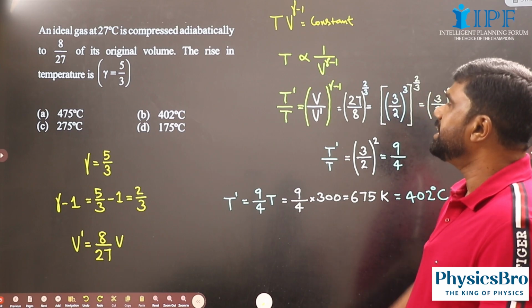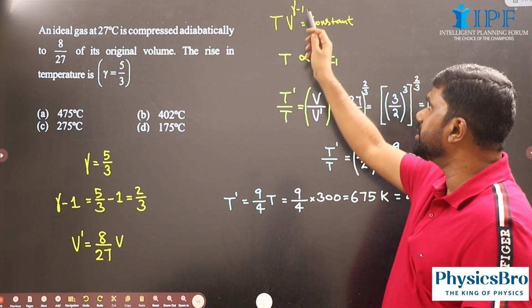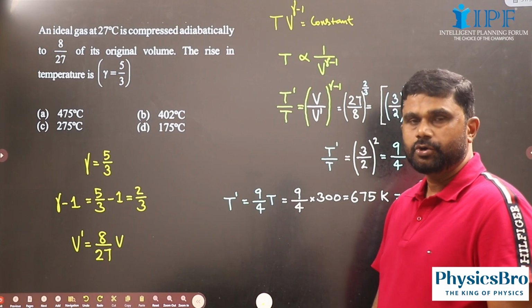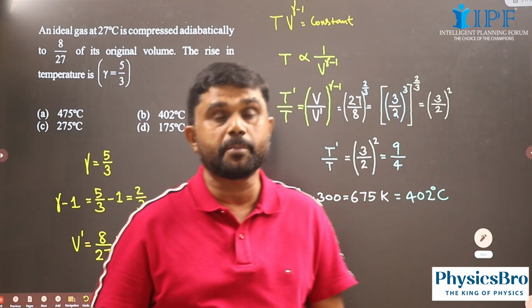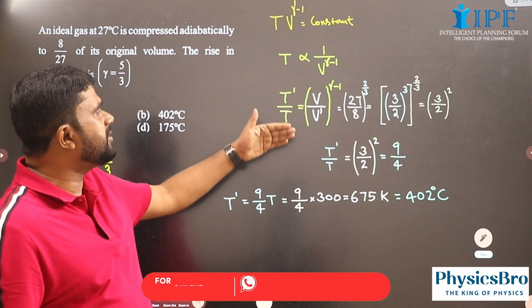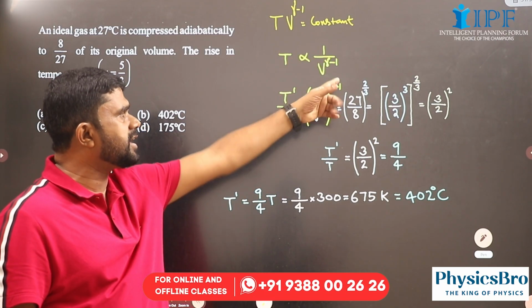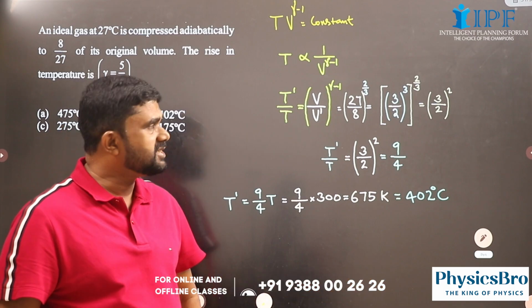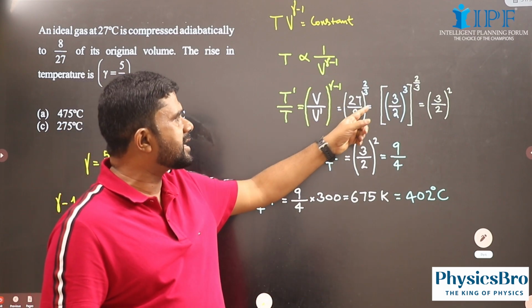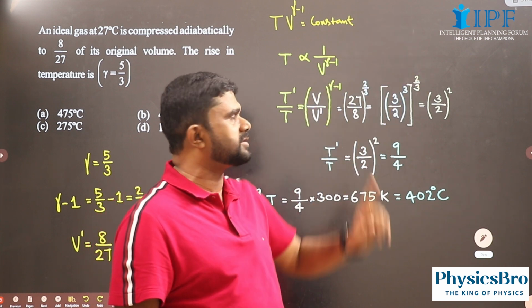Okay, see, in an adiabatic process, the relation between temperature and volume is T V raised to gamma minus 1 equal to constant, or we can say T is proportional to 1 by V raised to gamma minus 1. So T dash by T will be (V by V dash) raised to gamma minus 1. Gamma minus 1 we have 2 by 3. This 27 by 8 can be written as (3 by 2) whole raised to 3, whole raised to 2 by 3.